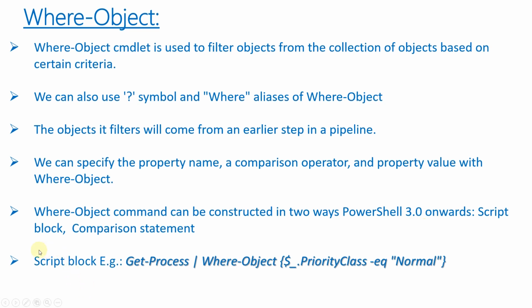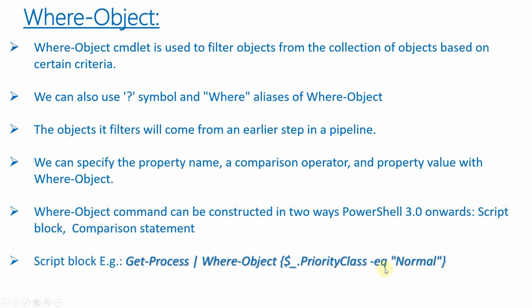Here you can see the example where we have used a script block with Where-Object. We have to use curly brackets, starting and closing, and inside that we have to use the automatic variable $_ and after the dot symbol we have to write the property name, and after the property name we have to use the operator, and after the operator we have to use the property value.